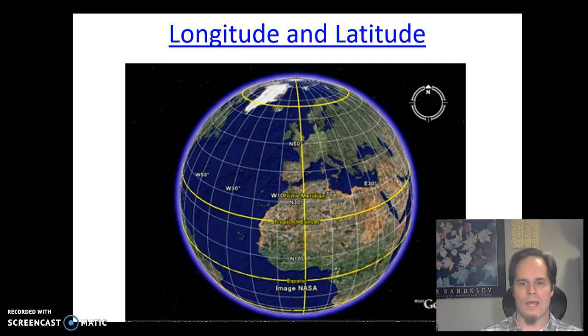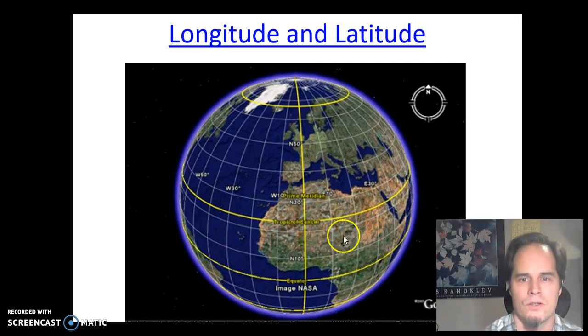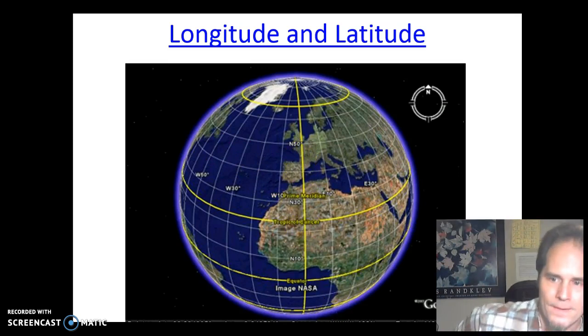So if you imagine the Earth cut in these two specific halves, there are 180 degrees of east longitude and 180 degrees of west longitude, depending on which direction you proceed. So east longitude, west longitude, proceeding from the prime meridian.